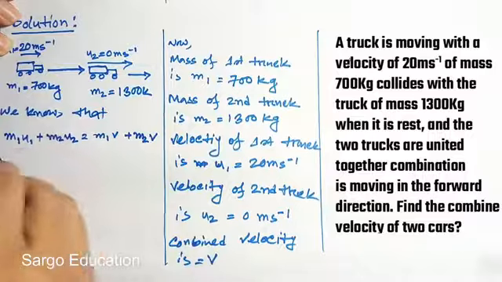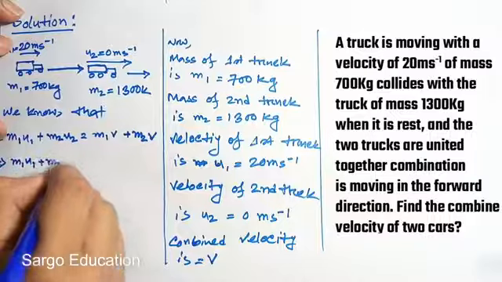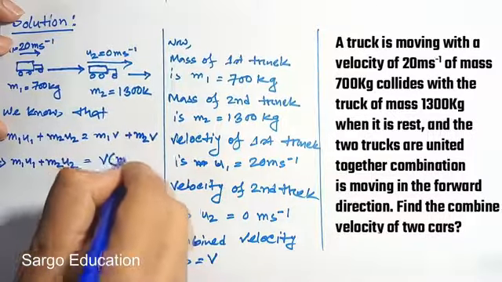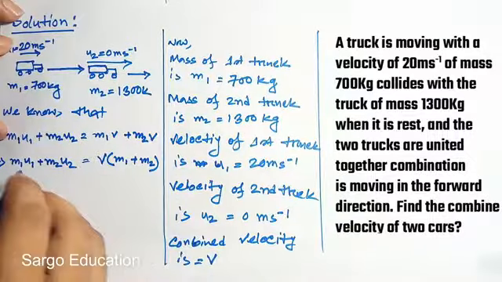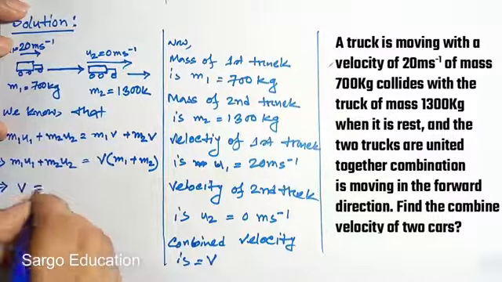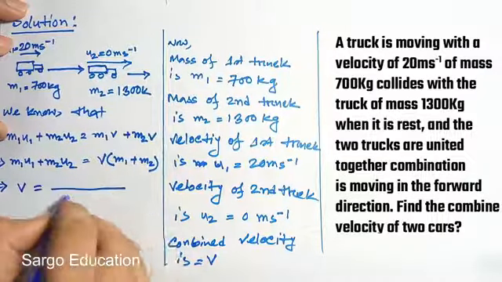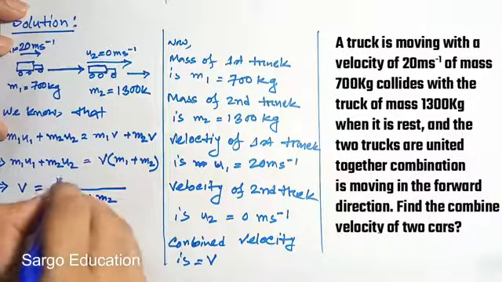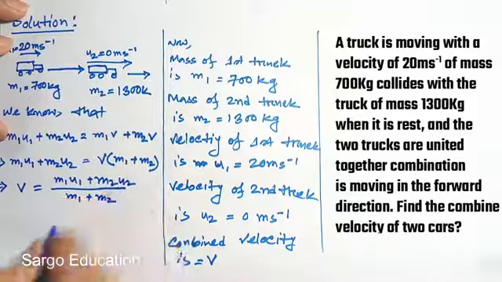Now we can rewrite it as m1 u1 plus m2 u2 equals v into m1 plus m2. Now changing sides, we can write v equals m1 u1 plus m2 u2 divided by m1 plus m2.